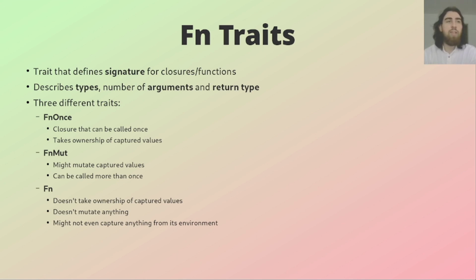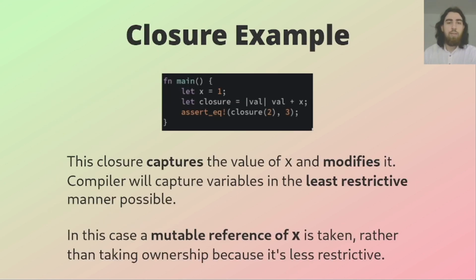FnMut: it might mutate a captured value. It can be called more than once. And Fn: it doesn't take any ownership of captured values, it doesn't mutate anything, and it might not even capture anything from its environment. So let's take a look over here.